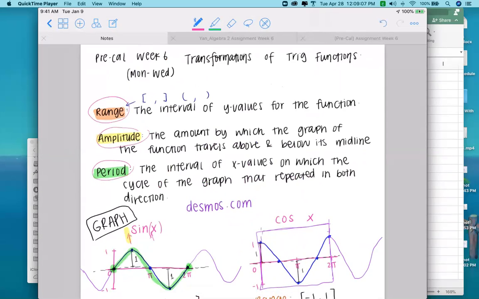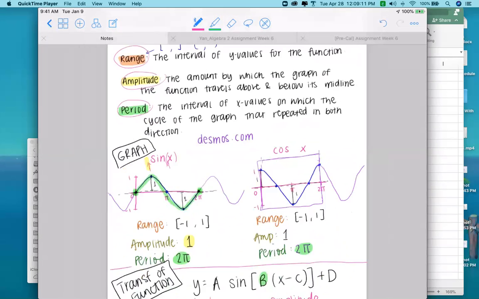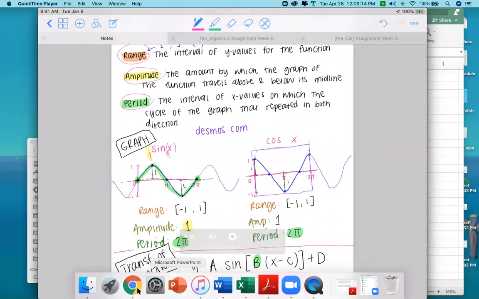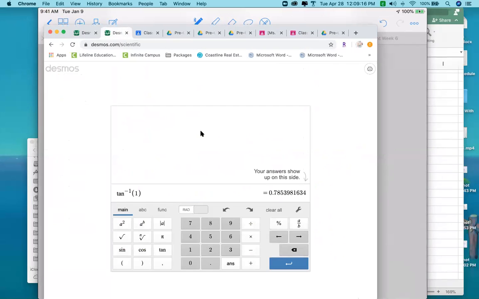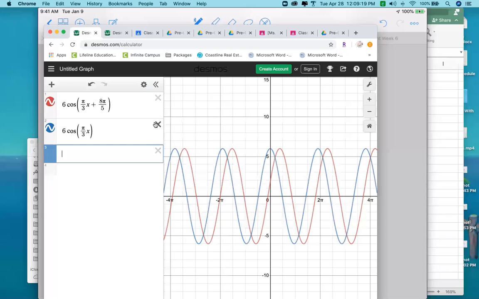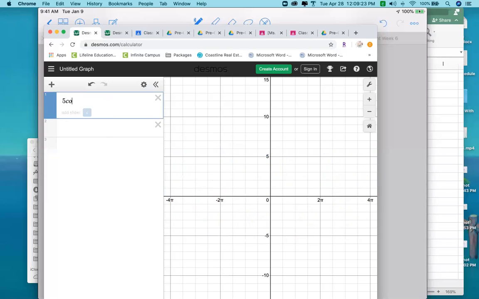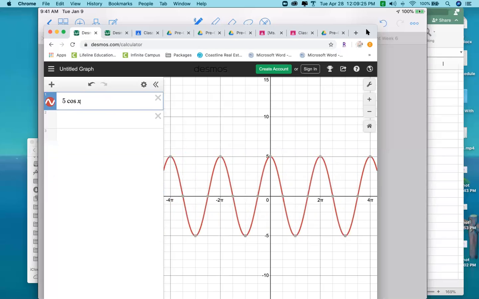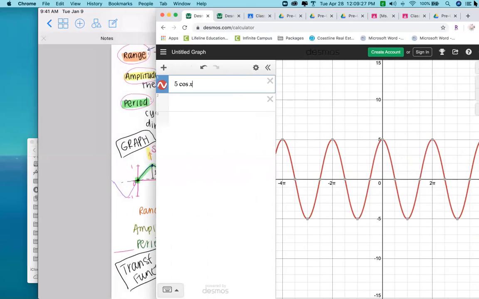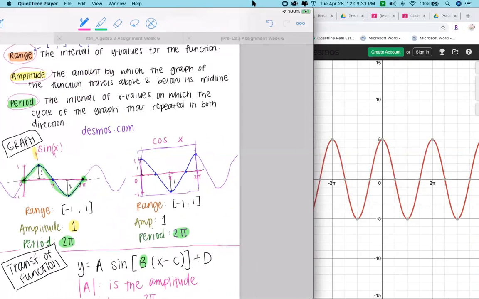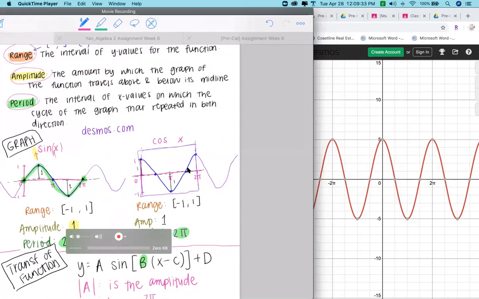Again, range is the interval of y values. So let me show a Desmos graph. Let's pretend I'm talking about 5 cosine x, like this graph right here. The cosine x graph is like a V shape.